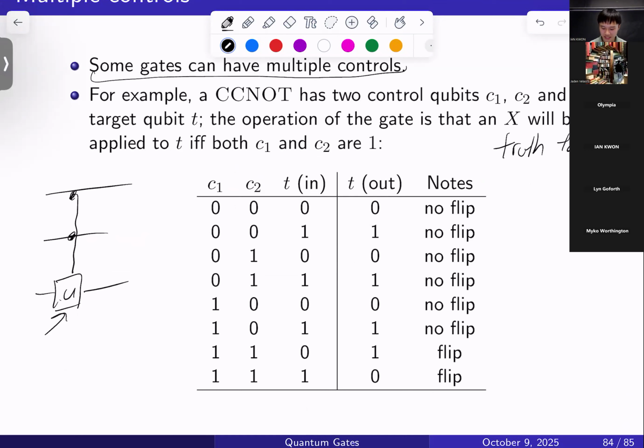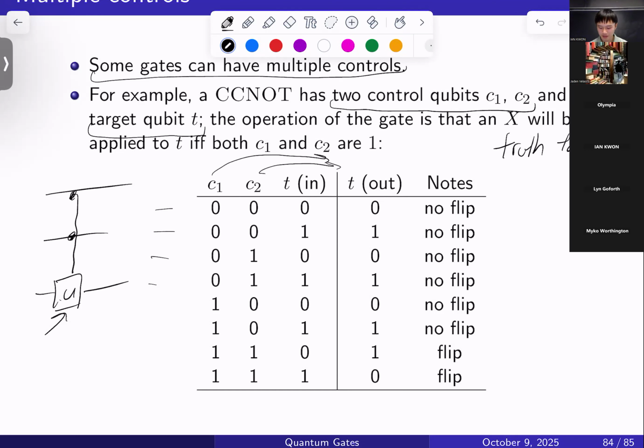So here we say that C1 and C2 are the control bits, and the target is T. And so these are the inputs that we may consider. And you'll see that the output on T, well, first of all, this control operation never changes the control bits, right? It's only that if the control bits are something, we might do something to the target, but we'll never do anything to the control. So we're not going to write their output. Their output is the same. They don't change. But the target might change.